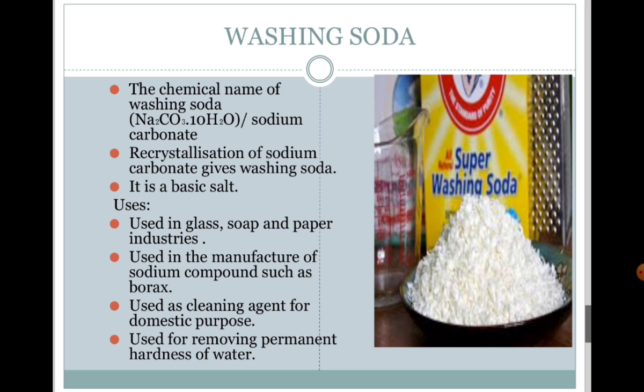Uses of washing soda: used in glass, soap and paper industries. Used in manufacture of sodium compounds such as borax. Used as a cleaning agent for domestic purposes. Used for removing permanent hardness of water.